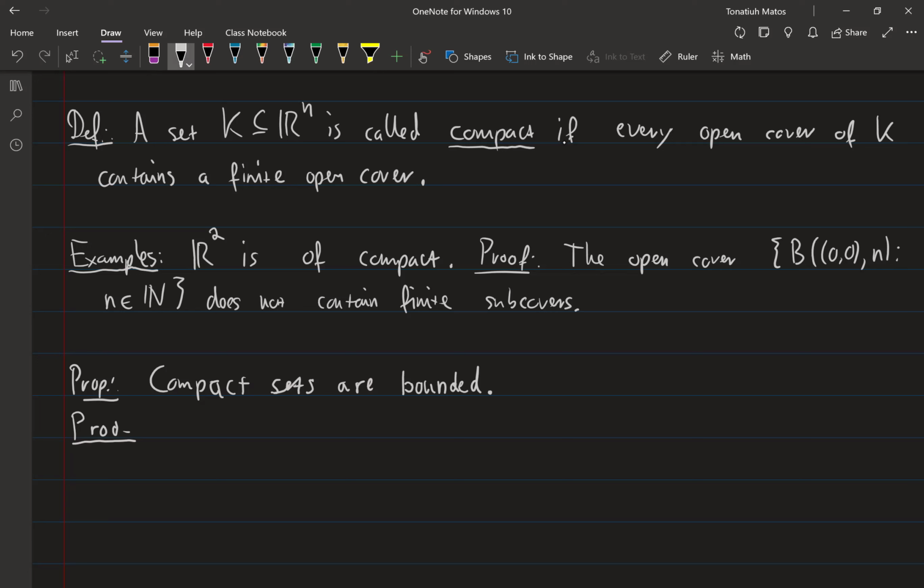I'm having some trouble writing stuff down with this pen. Okay, so any ideas? How do you prove that compact sets are always bounded?